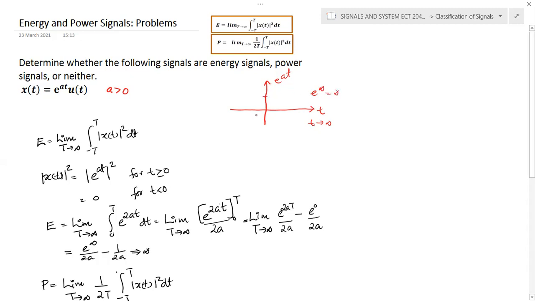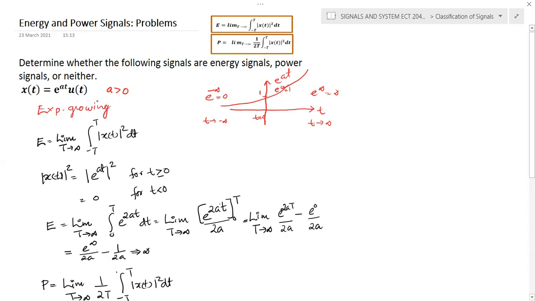At t is equal to 0, it's e raised to 0, which is equal to 1, so at t equal to 0 the function magnitude is 1. When t is tending to minus infinity, towards the left side, it becomes e raised to minus infinity, which is equal to 0. So we can assume that the signal is an exponentially growing signal. So this is an exponentially growing sequence.